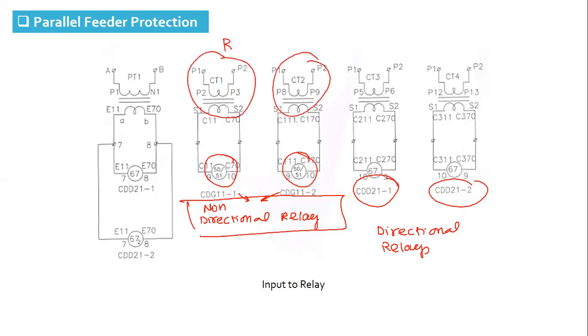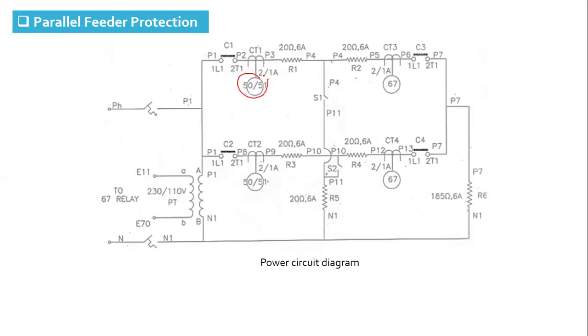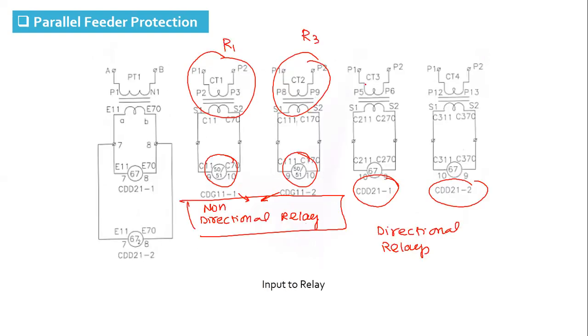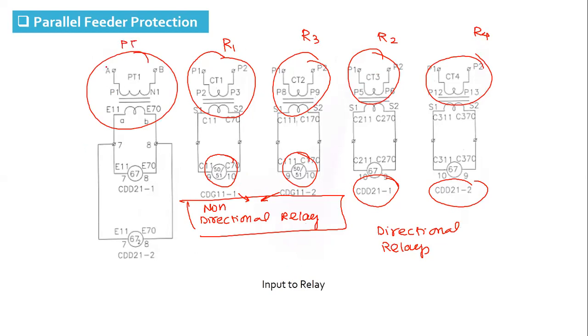This is relay R1, with input to relay R1 and input to relay R3 directly from CT. This is relay R2 and R4, which are directional relays. For these, we have input from CT as well as input from PT. You can see this is a PT.